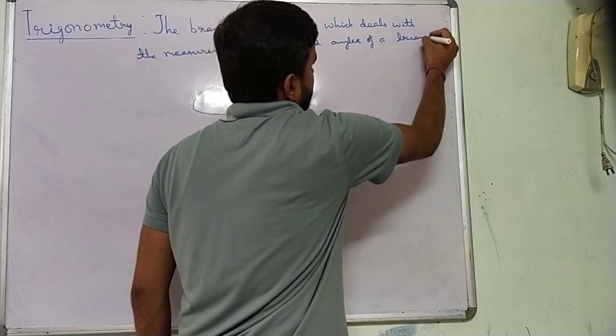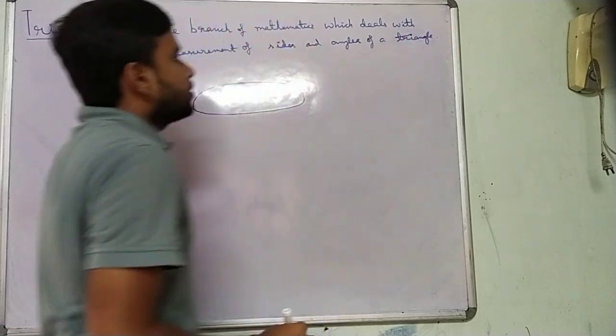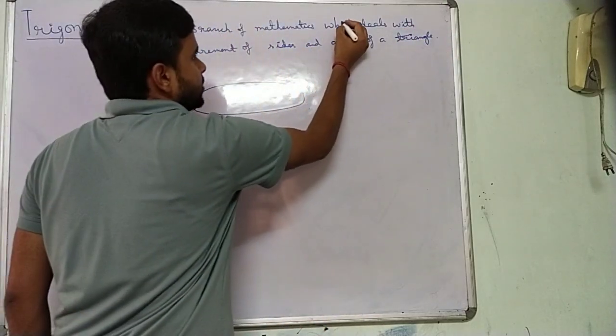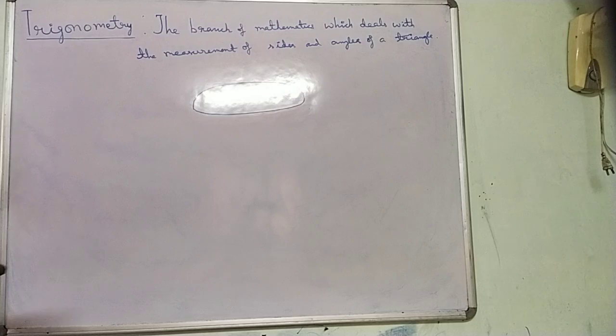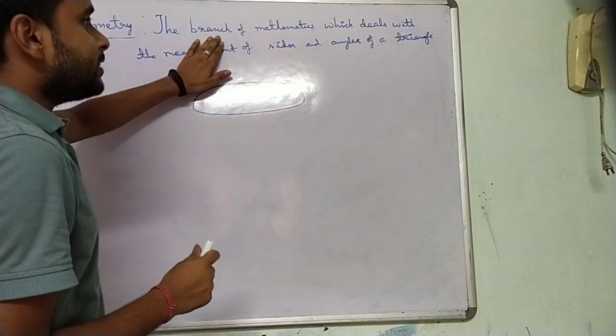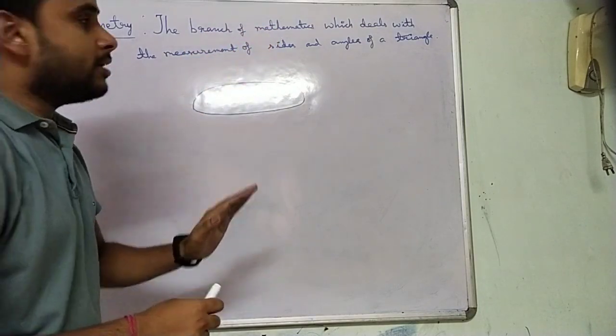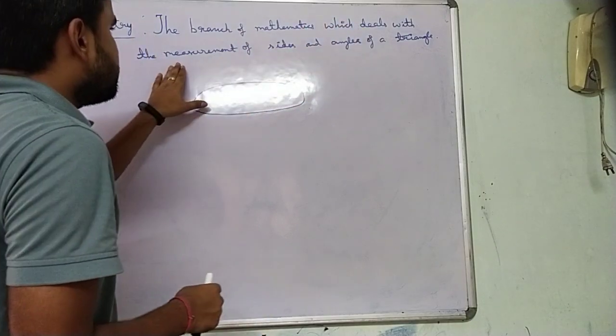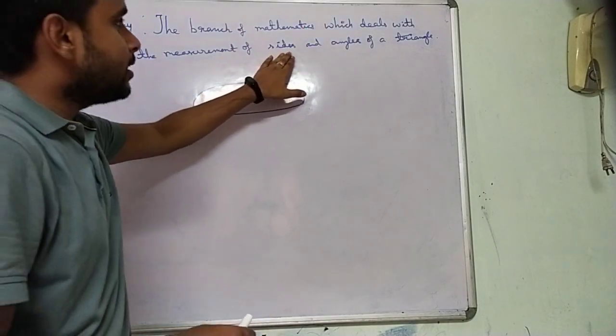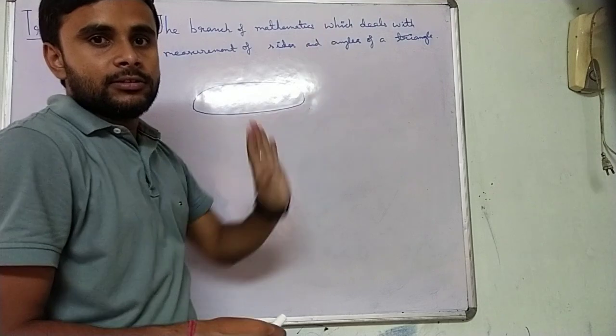Okay. Now we find what we are going to study in this particular chapter. See everyone, it is a branch of mathematics, clear, which deals with what? Measurement of sides, clear, and angles of a triangle.